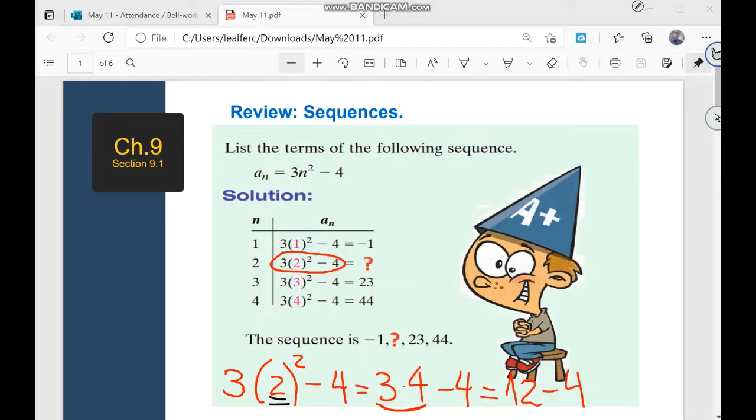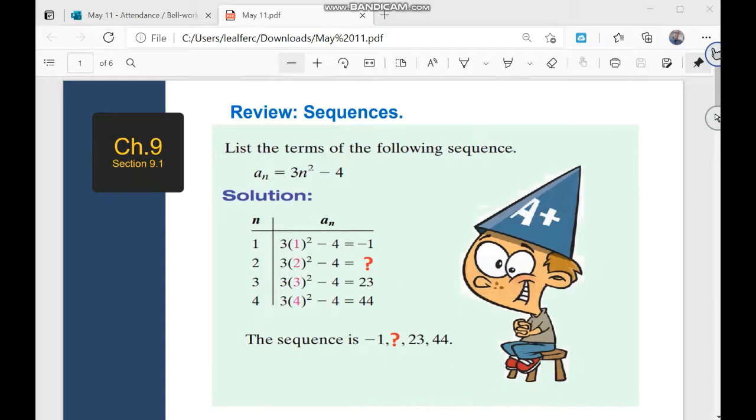And 12 minus 4 is 8. 8 is the right answer. Yes, that's right. Thank you, Jamie. Thank you, Joelian. Thank you, Jorge. Perfect. 8 is the correct answer. The sequence is -1, 8, 23, and 44.